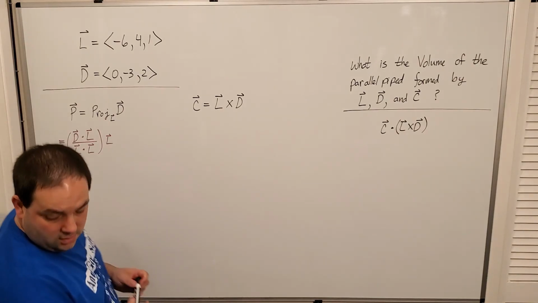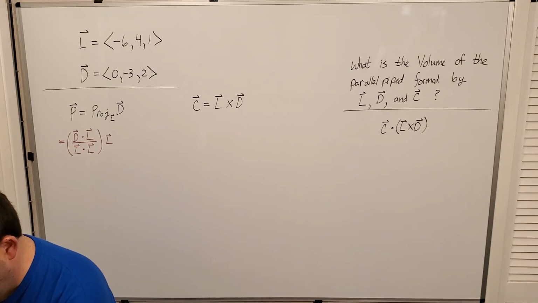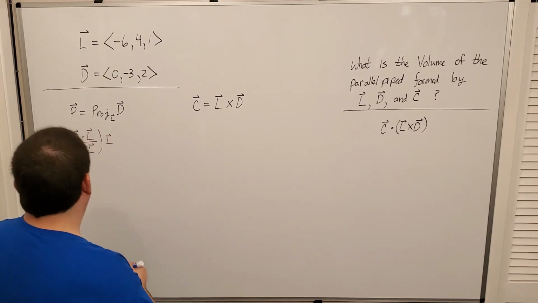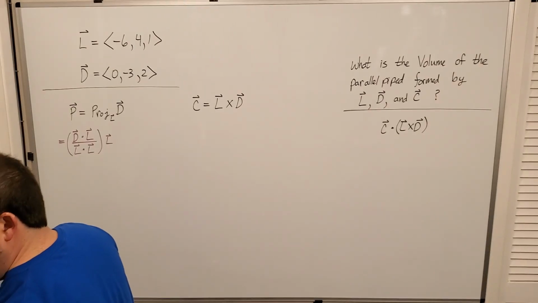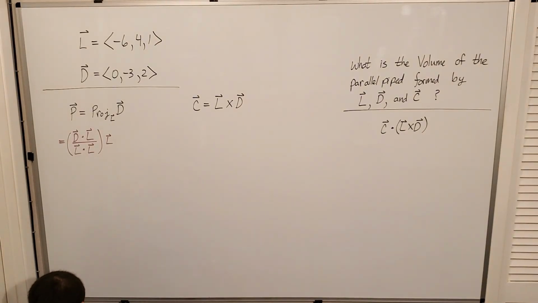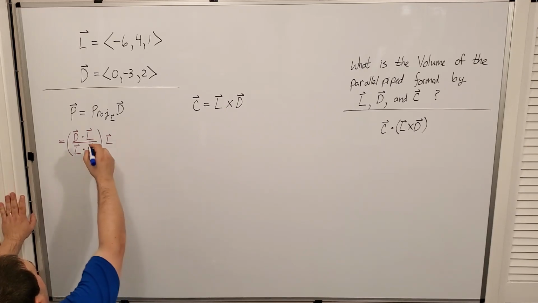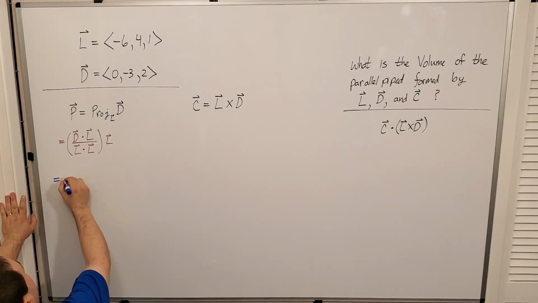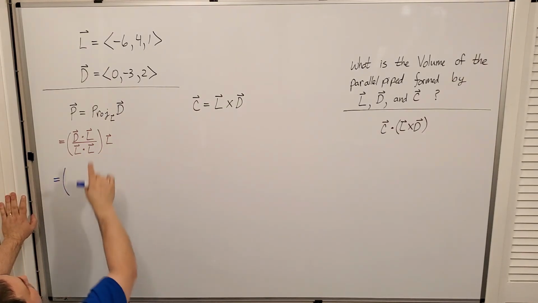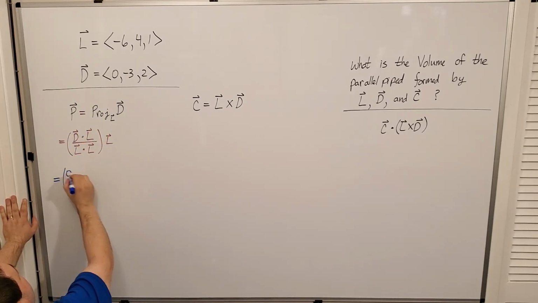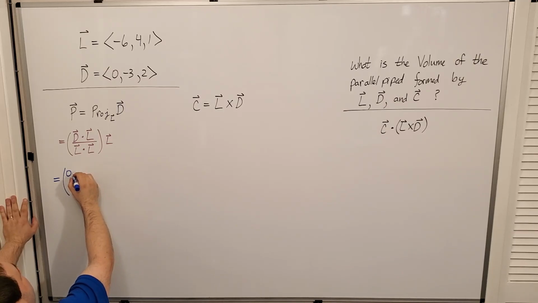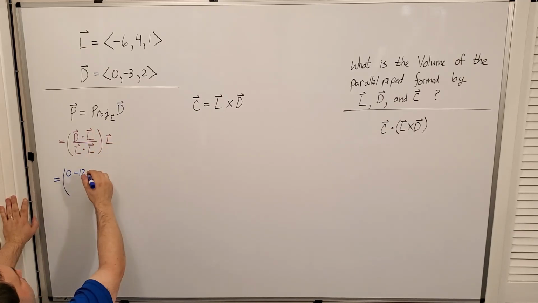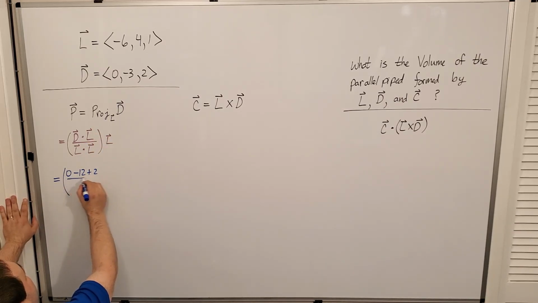So then to perform this right here, I have D dot L, which is going to be -10, right? Because -6 times 0 is 0, 4 times -3 is -12, and 1 times 2 is 2.